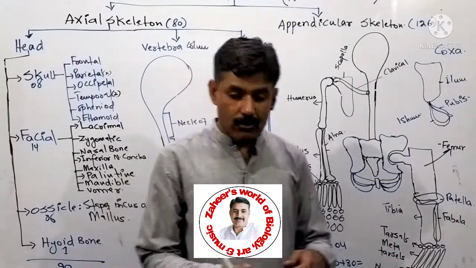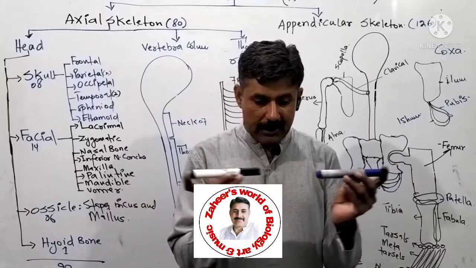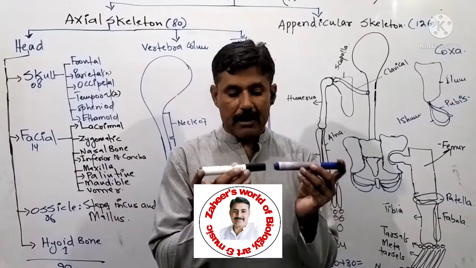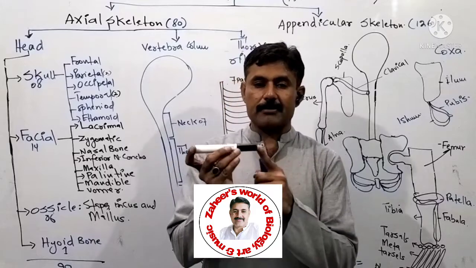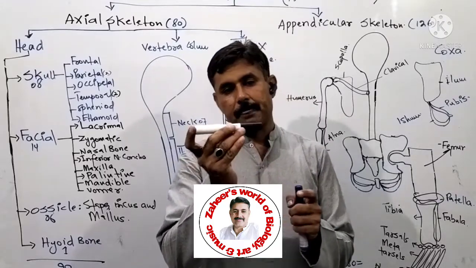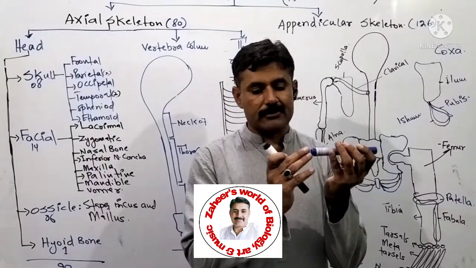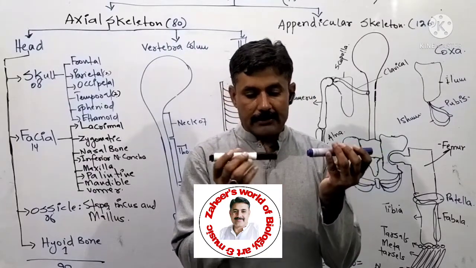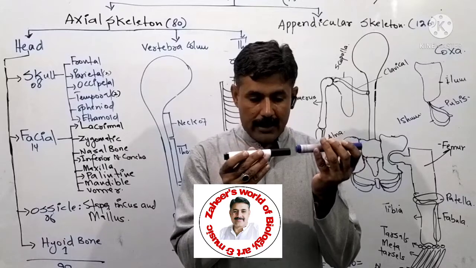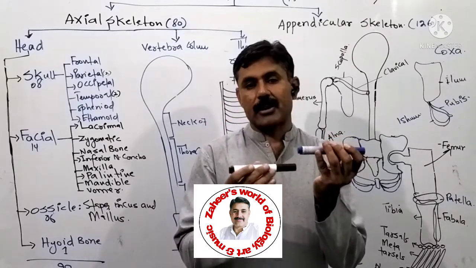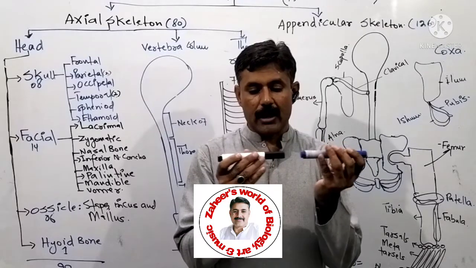Actually, these two pubis bones on both sides are finally forming a cartilaginous, fibrous structure that is arising from the adjacent side of this pubis bone, and also from the adjacent side of the other pubis bone. These two pubis bones grow, and at the center they form a structure which is a fusion of these two bones.